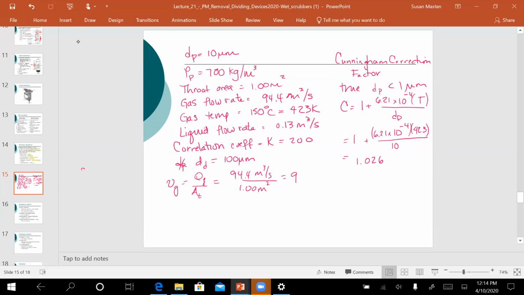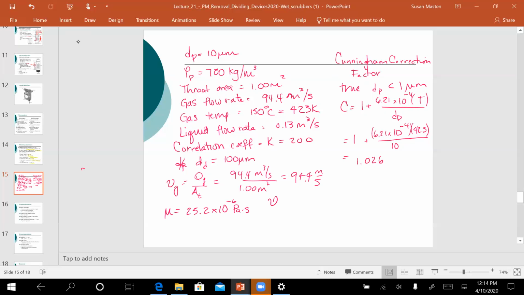So the velocity of the gas through that throat is 94.4 meters per second. The viscosity of the gas at 150 degrees C is 25.2 times 10 to the minus 6 Pascal second.